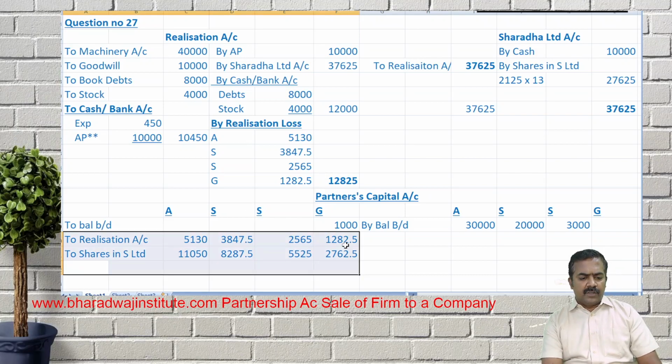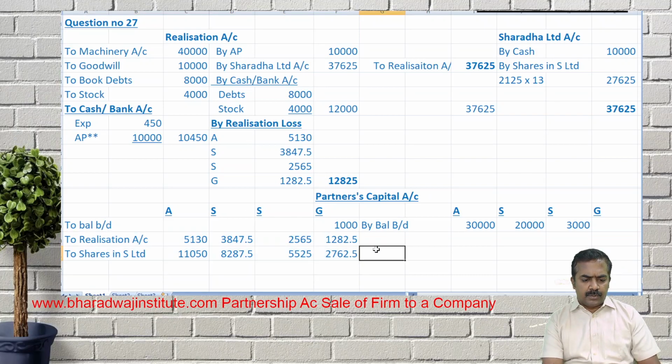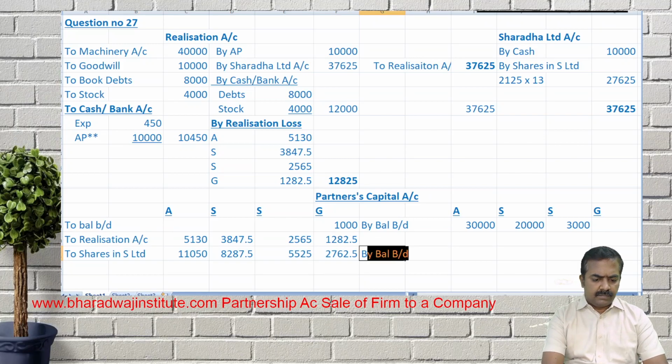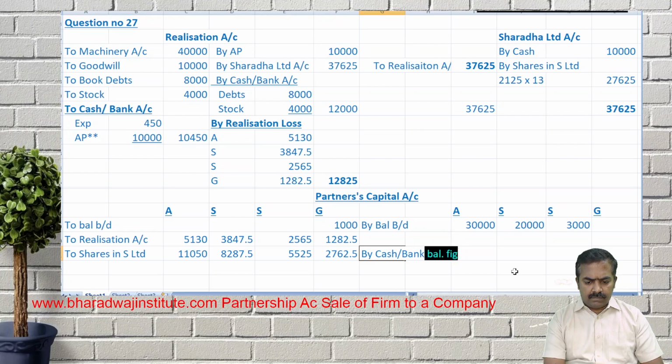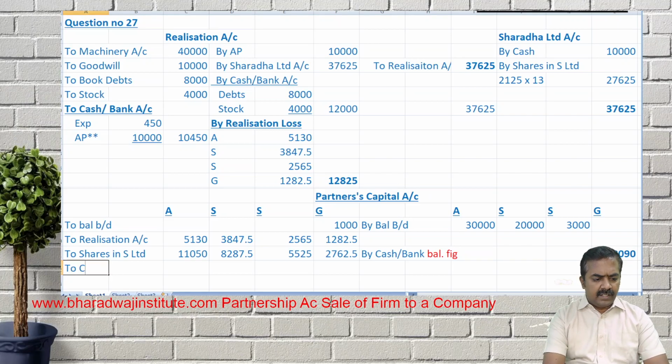The balancing figure can be by cash, put to cash. G has to bring money. 8090. Others will get it. To cash or bank account. Others will get it.